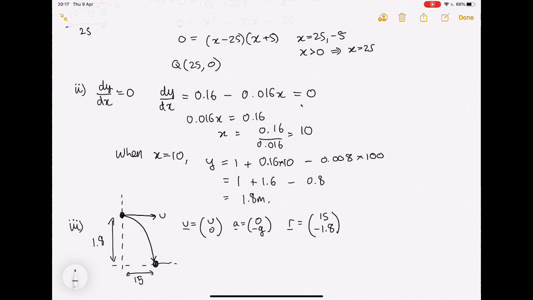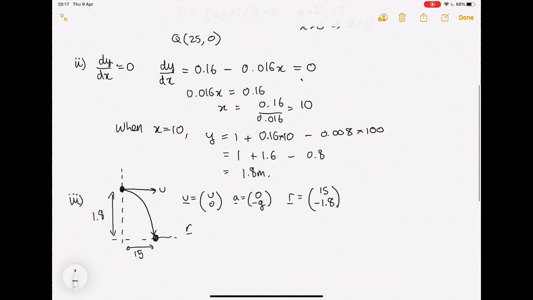If we put that into our SUVAT equation, r equals ut plus half at squared, we get (15, minus 1.8) equals (u, 0)t plus a half (0, minus g)t squared.